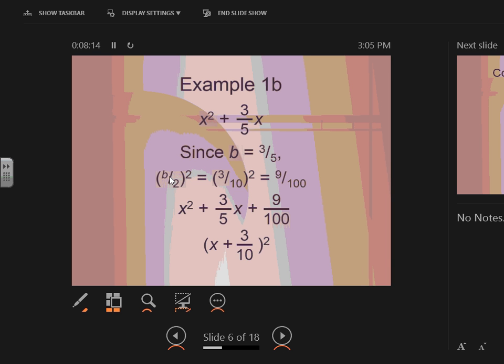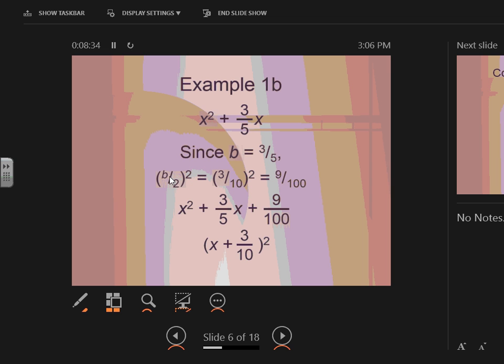So does the 3 over 5x just go away from there? I factored it, so it doesn't go away. If I FOIL this, I get this. Remember, that's what factors are. When I FOIL x plus 3 over 10 times x plus 3 over 10, the first term gives me this.